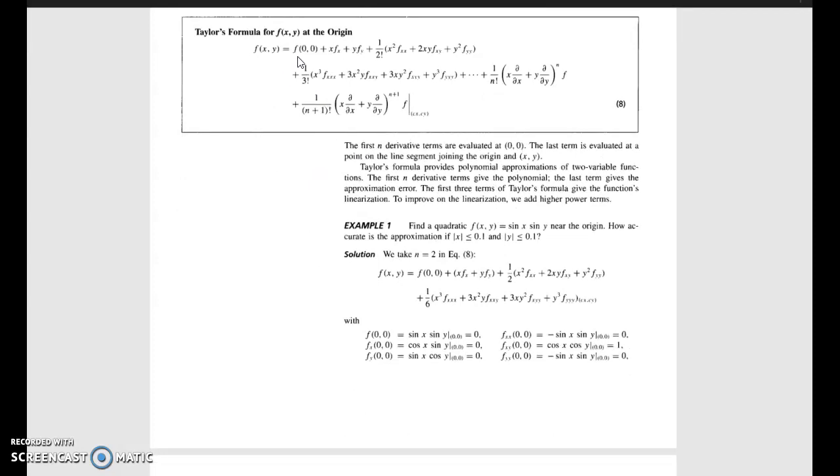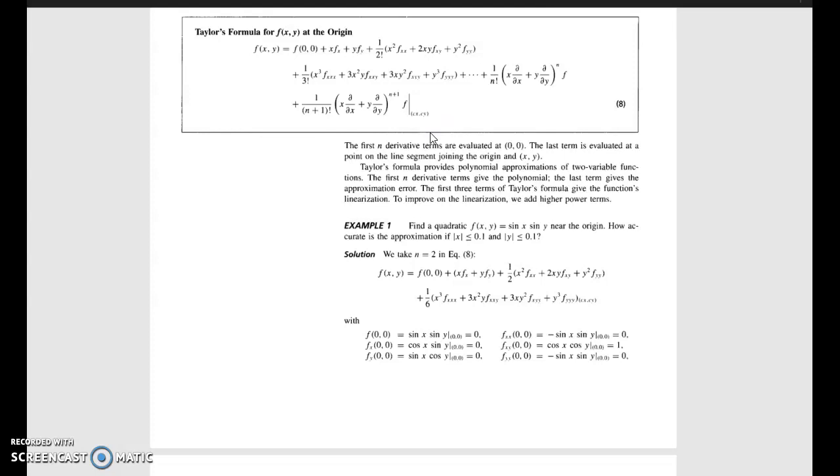So f of x, y equals f of (0, 0) plus x fx plus y fy, plus 1 by 2 factorial into (x square fxx plus 2xy fxy plus y square fyy), plus 1 by 3 factorial into (x cube fxxx plus 3x square y fxxy plus 3xy square fxyy plus y cube fyyy), and so on, plus 1 by n factorial into (x dou by dou x plus y dou by dou y) raised to n of f, plus 1 by (n plus 1) factorial into (x dou by dou x plus y dou by dou y) raised to n plus 1 of f at the point (cx, cy).